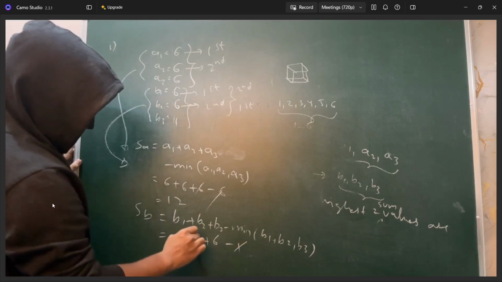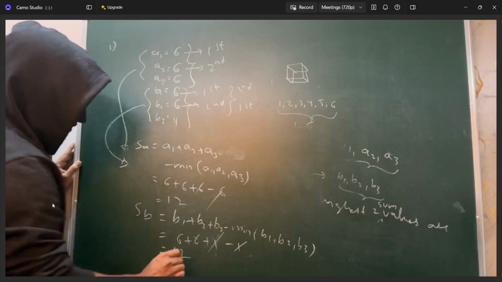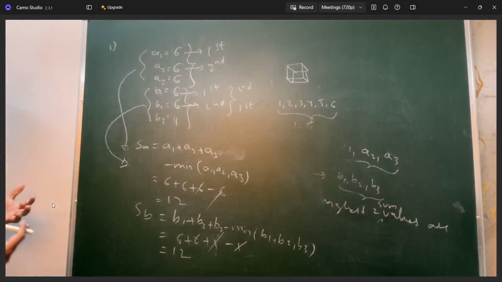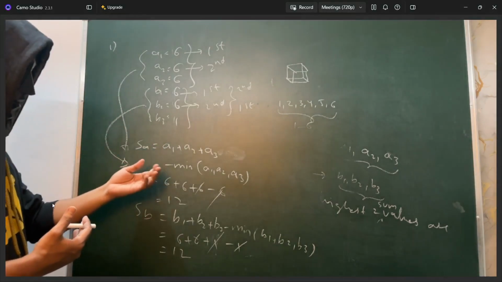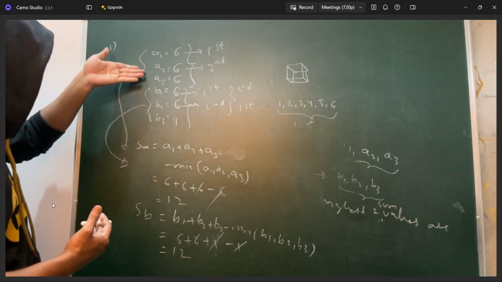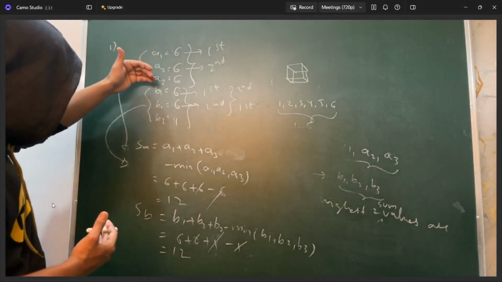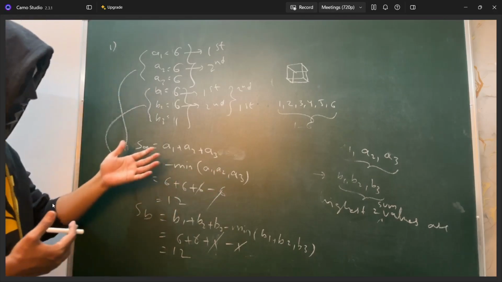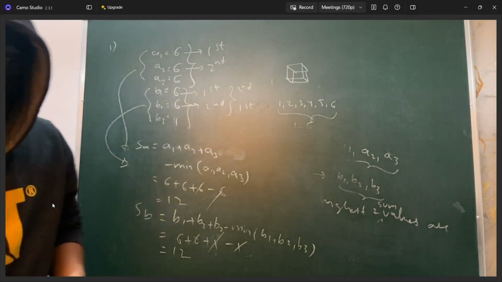So B3 was 1. This one is going to cancel, and your score is 12. So it's easy, right? You don't need to find the first highest, then the second highest. You just need to find the minimum, the lowest in Alice's score, and the lowest in Bob's score. So whatever the minimum, we just add these three and subtract the minimum. Mathematically it's valid, and this will give you the answer.